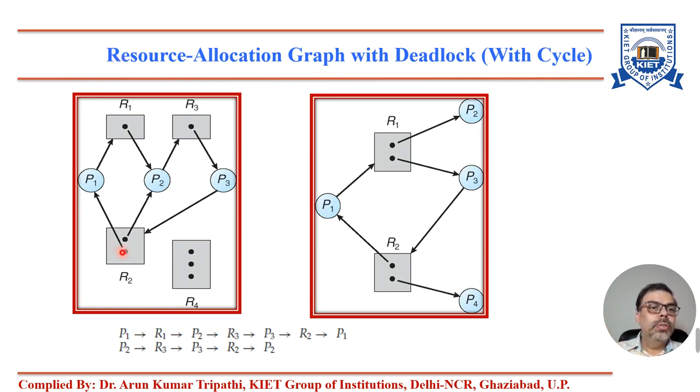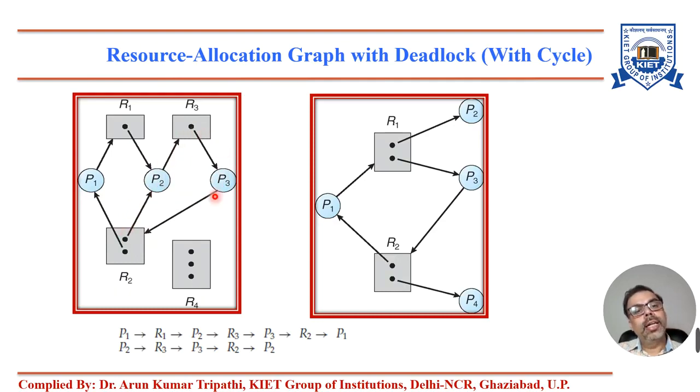For example, R2 is assigned to P1, and P1 is requesting resource R1, and R1 is assigned to P2, and P2 is requesting resource R3. Here there is a cycle, and also here is a cycle.